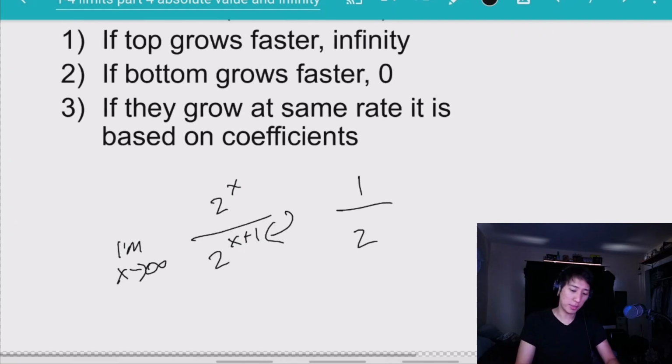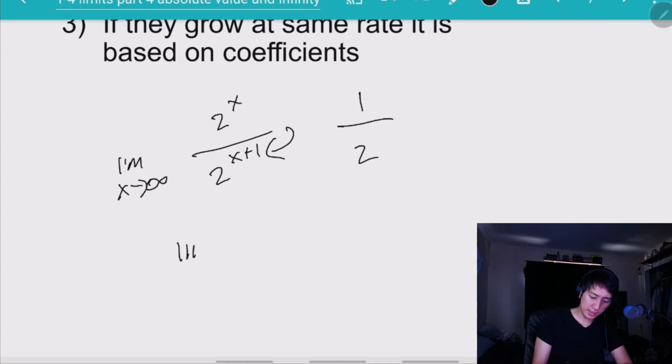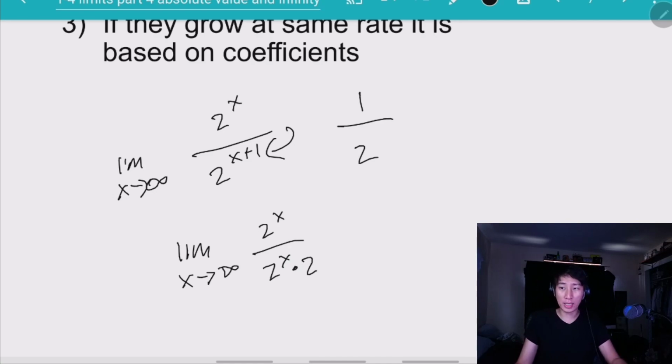Okay, I'll explain it really quickly. So basically, if you have x's in your exponents over here, you just got to simplify. So then we have the limit as x approaches infinity of 2 to the x over 2 to the x times 2. The reason I'm doing this is I'm splitting up your 2 to the x plus 1.